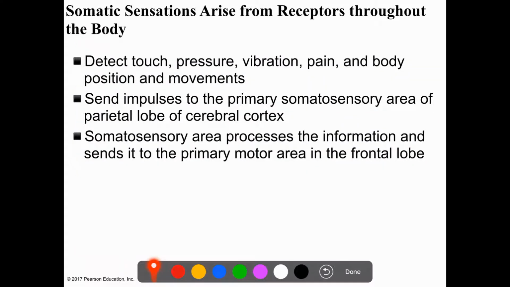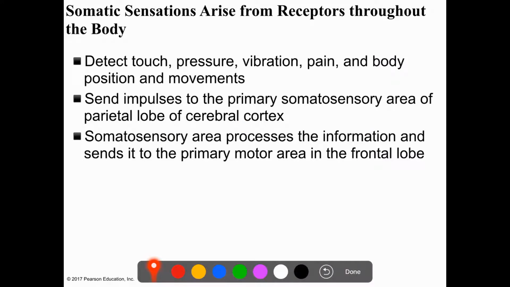Now, within our body, we have several receptors spread out in different parts of our body. These will detect touch, pressure, vibration, pain, body position, and movement. And as we said, they will send the impulses to the primary somatosensory area of the parietal lobe of the cerebral cortex.